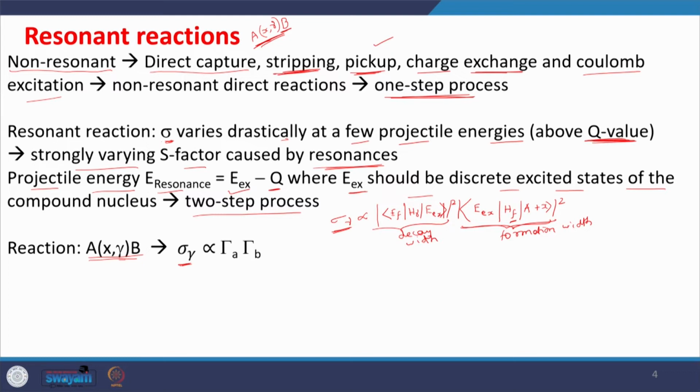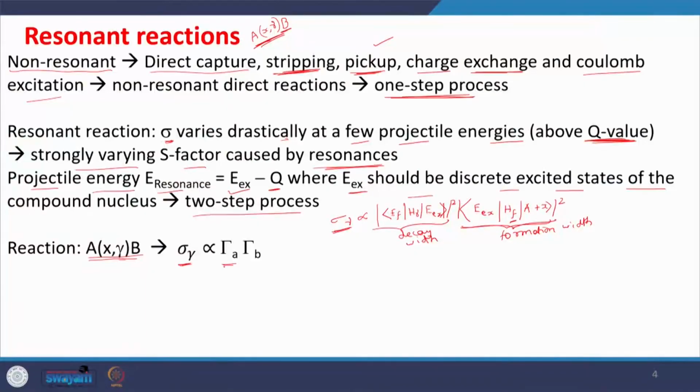Number one, the probability for the entrance channel to enter one of the excited states of the compound nucleus, and then the probability for the excited state to decay into a specific final state. We represent these two matrix elements with partial widths. This symbol is also called gamma, so do not get confused between the gamma of the radiation and the gamma of the partial width. This is the formation width and this is the decay width.